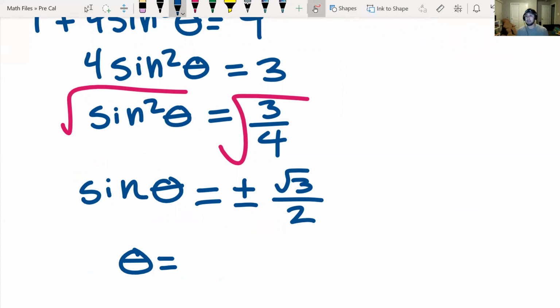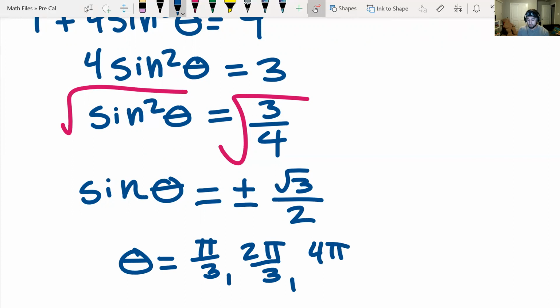And where is sine negative square root 3/2? That's going to be at pi over 3, 2 pi over 3, 4 pi over 3, and 5 pi over 3. And there we go.